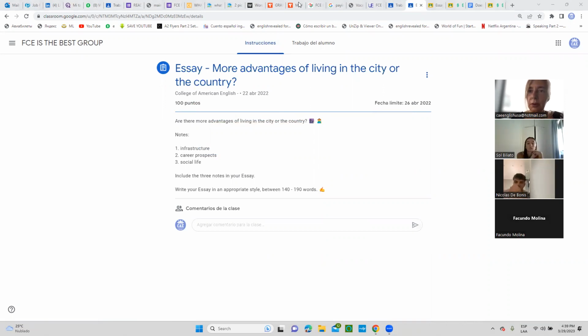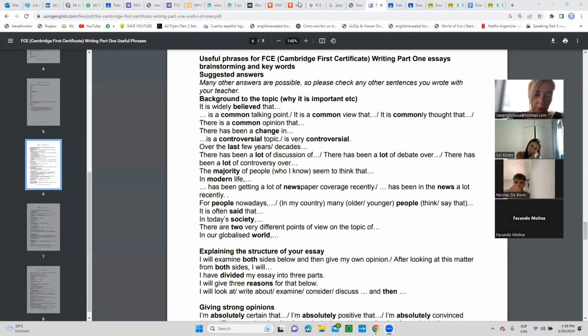Okay, so it is widely believed that over the last few years or over the last few decades, many people have decided to move to the city instead of living in the country. Okay, so do you see how you can use these phrases?